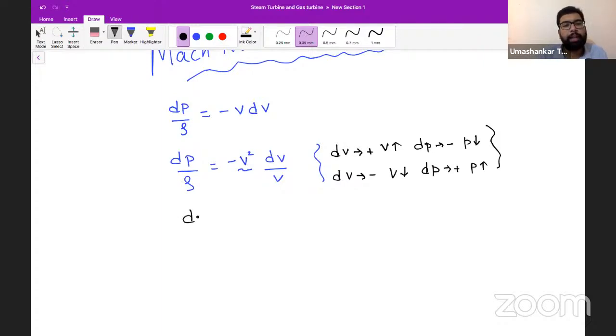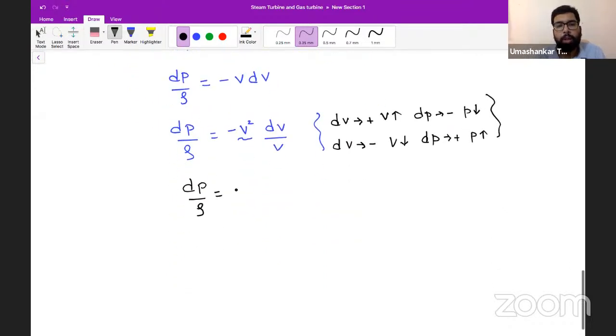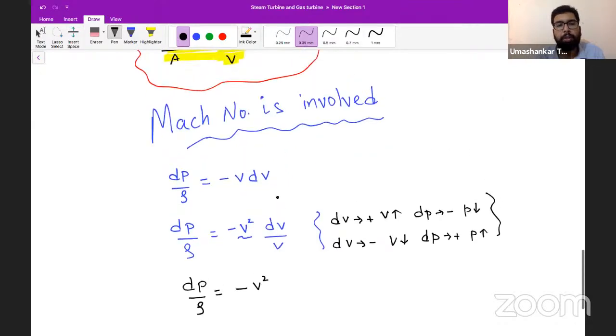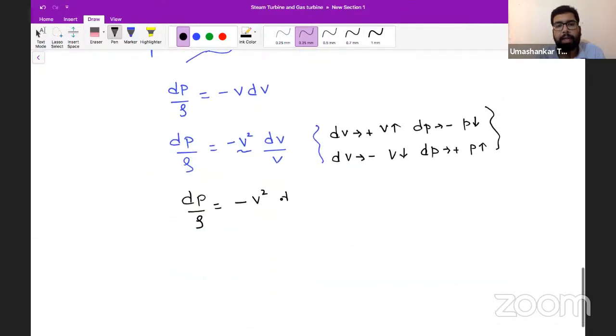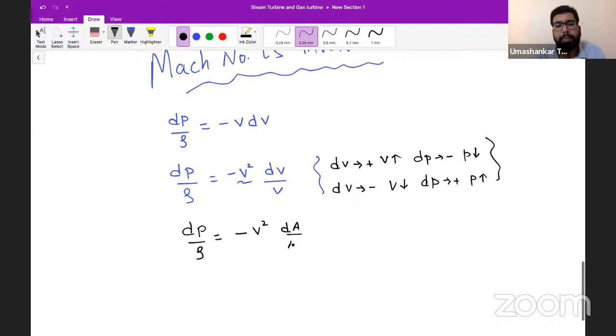So in this, what you can do, you can place dp by rho is equal to minus v square dv by v. We have already developed this. So let me place the value. We can write dv by v as dA by A upon M square minus 1.